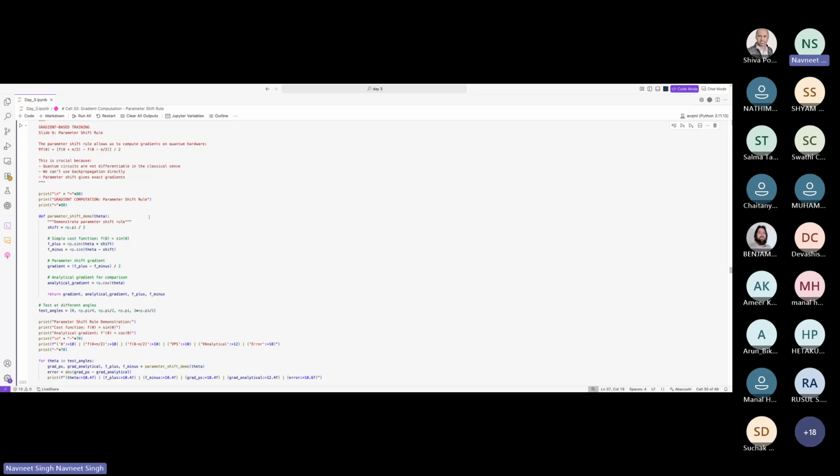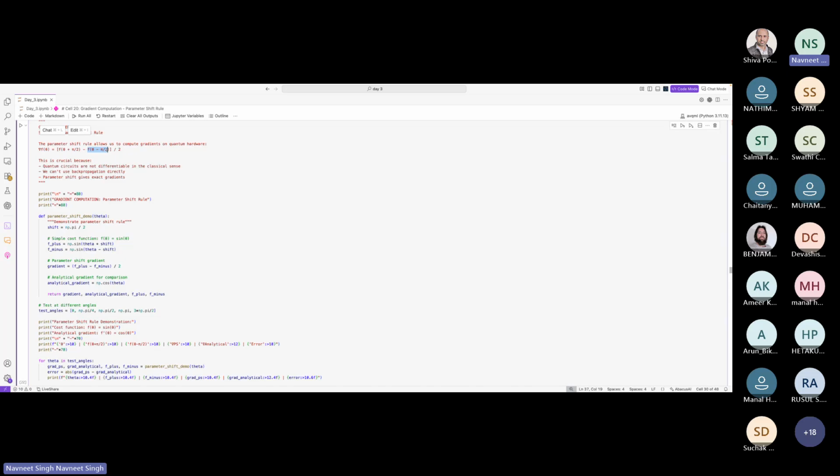Inside this we compute the function theta plus: we are computing f of theta plus pi by 2, then subtracting from it f of theta minus pi by 2, and dividing the whole expression by 2.